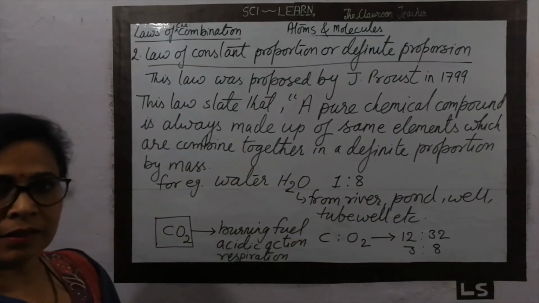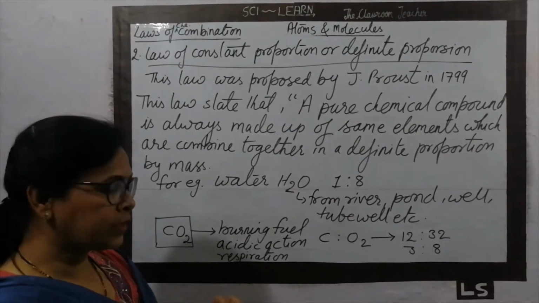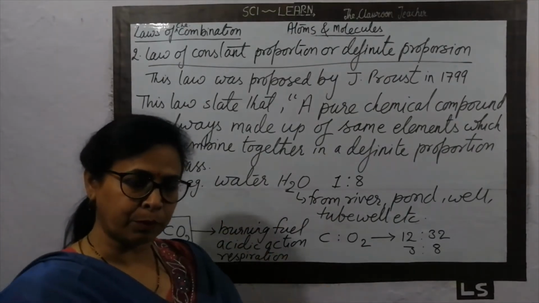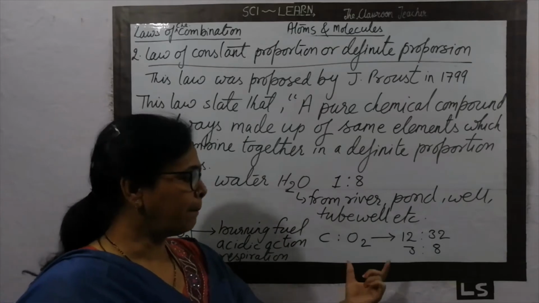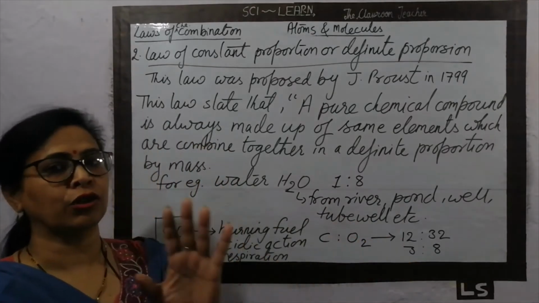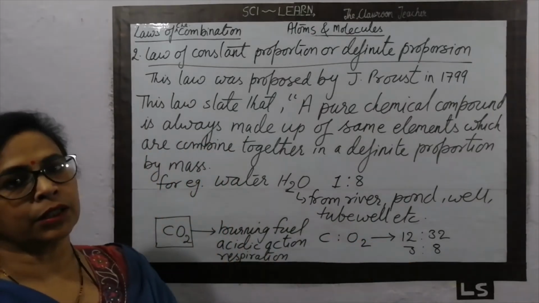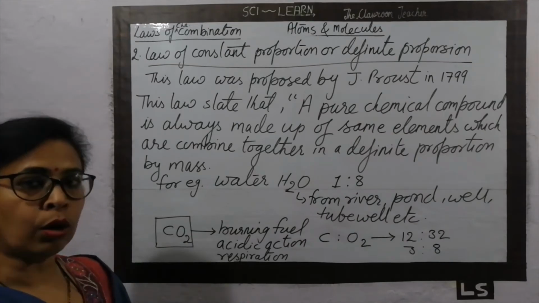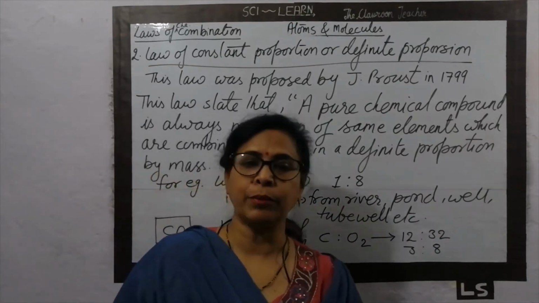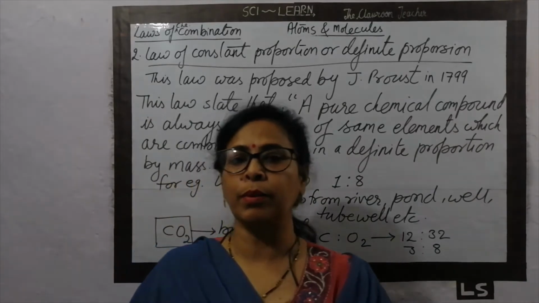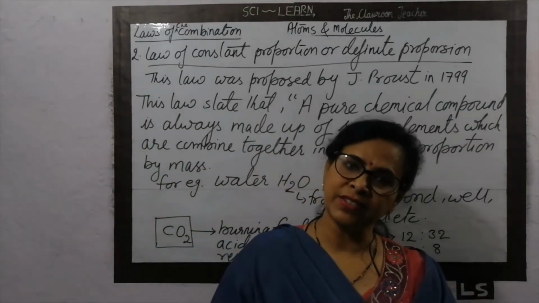It means the carbon and oxygen, whether produced from different sources, by mass, their combination is always fixed. That is 3:8. So this is the law called the law of definite proportion or constant proportion, given by Proust in 1799.